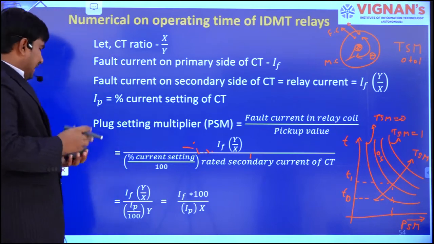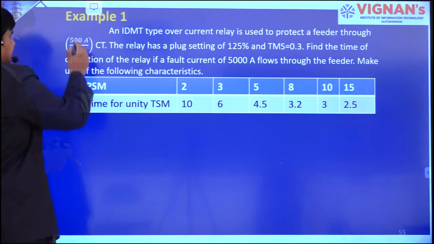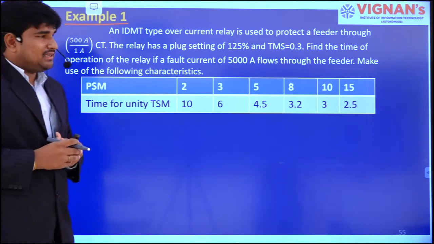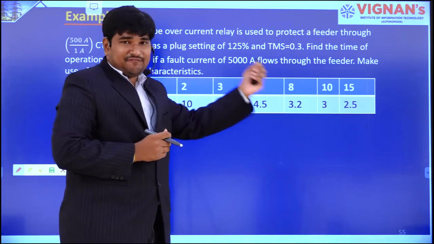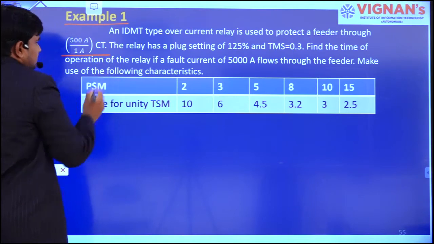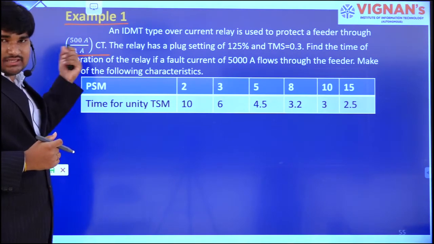You can get many clarifications with the help of numericals. Let us take example number 1. An IDMT type overcurrent relay is used to protect a feeder through a 500 amperes by 1 ampere CT. The CT ratio has been given.